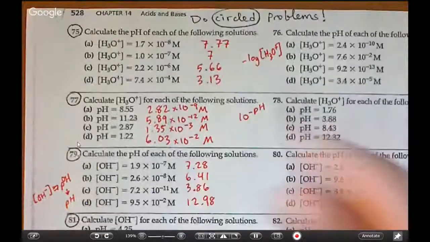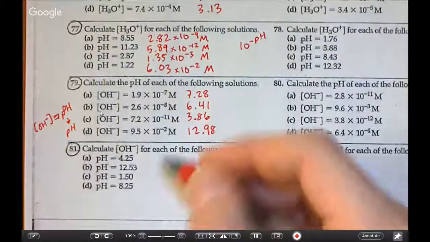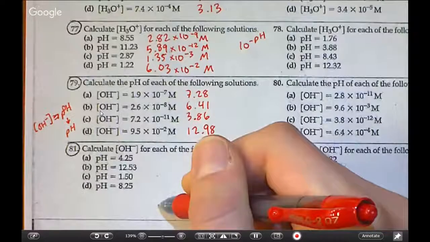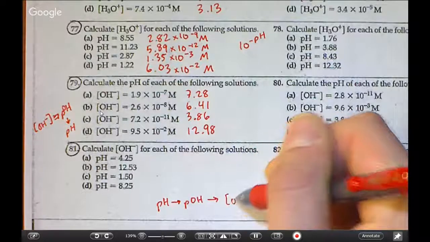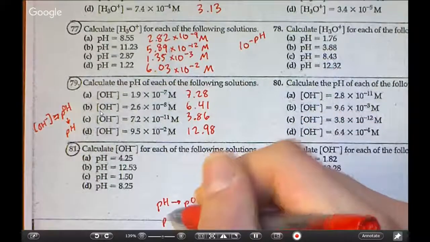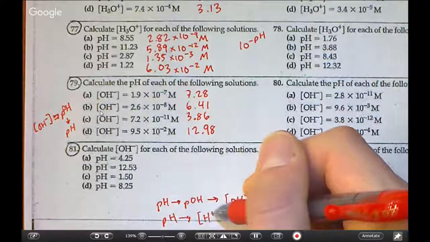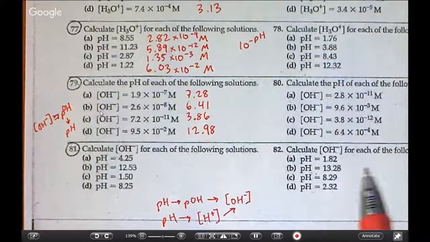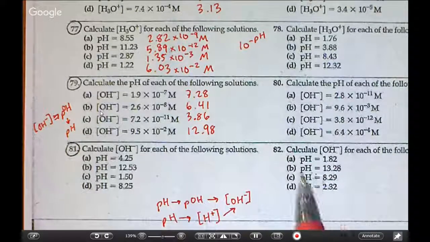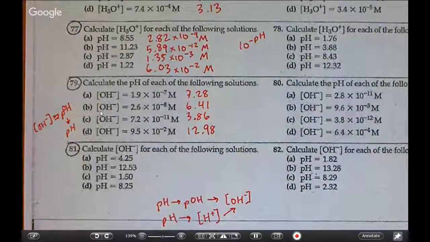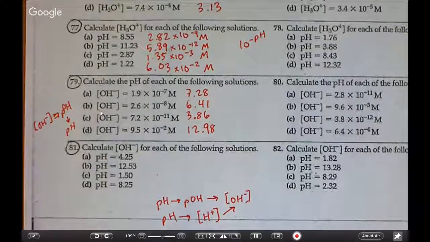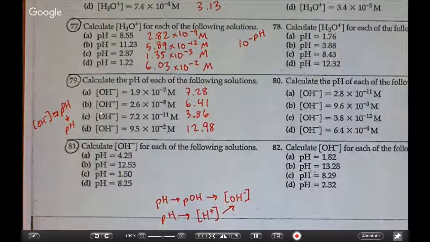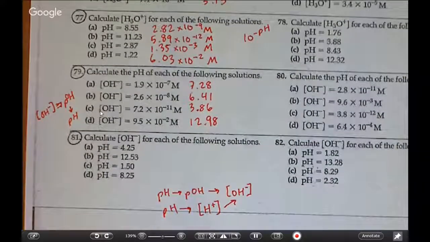Okay. And then for 81, we're given pH, so probably the best way to go is pH to pOH, and then to hydroxide. You could also go pH to H plus to hydroxide, but then you have to deal with more exponents. So 14 minus 4.25 is 9.75 for the pOH.